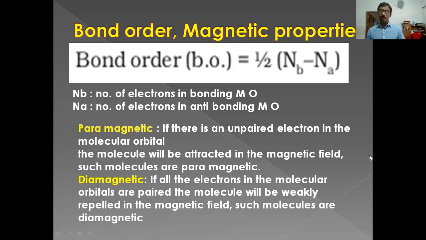That is diamagnetic property. An example is H2O. If you bring a strong magnet near water, H2O, you can see the repulsion of the water. If all the electrons in the molecular orbitals are paired, the molecule will be weakly repelled in the magnetic field. Such molecules are diamagnetic.